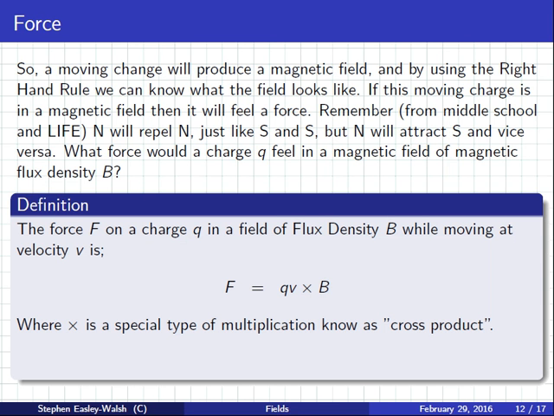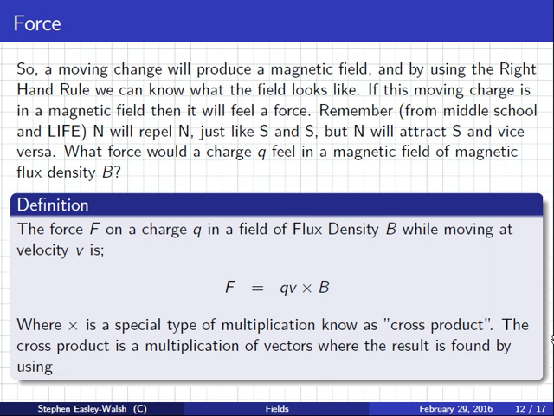What's important is how do we multiply these two numbers together? So for example, if the B was 2 Tesla and the V was 5 meters per second, well, multiplying them together it does make 10. But what the cross product does is it tells you which way the result points. So the next slide will be important here.